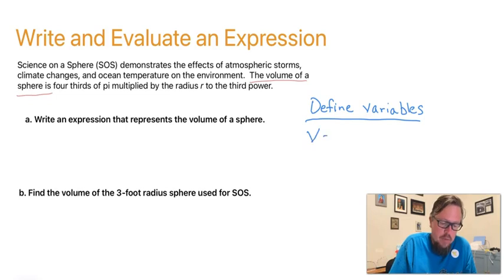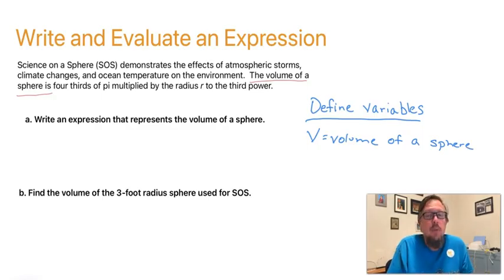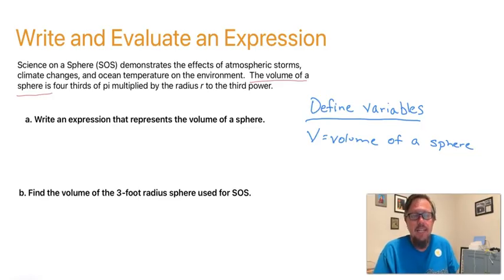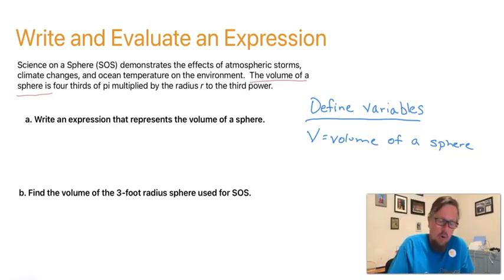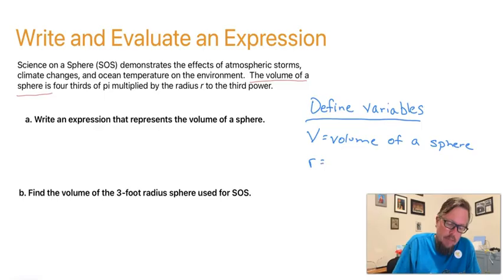So V is going to be the volume of a sphere. And the second variable is actually given to us by the problem. It says pi is multiplied by the radius r. So r is going to be the radius of a sphere.